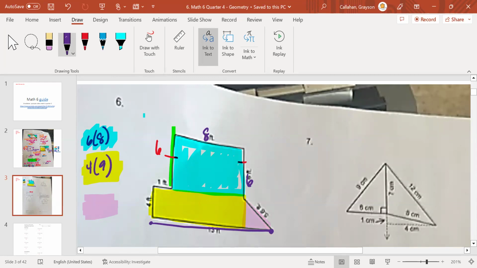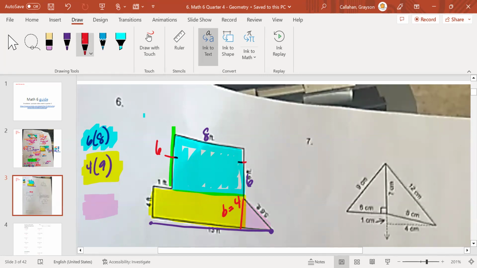Okay, now your rectangle, what is your base? Your base is gonna be this red line right there. What is that red line? 14.